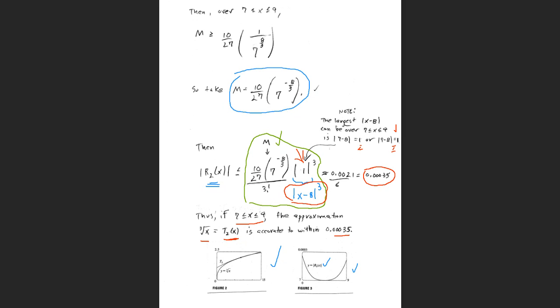At a equals 8 the remainder is 0, and as you go away from a equals 8 to the right or to the left, the error increases, as we would expect.